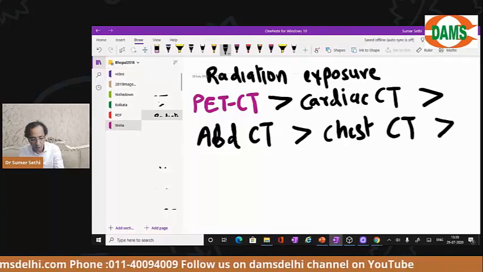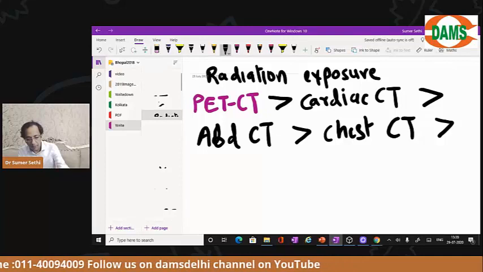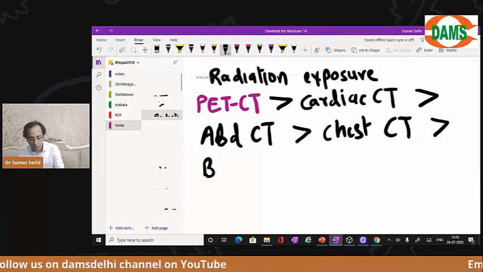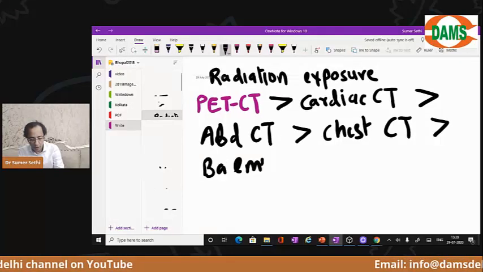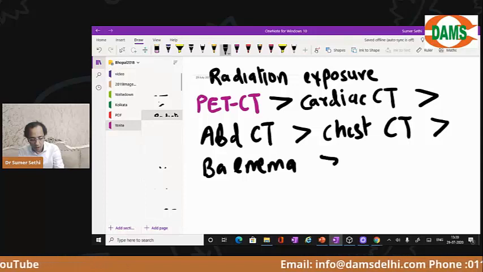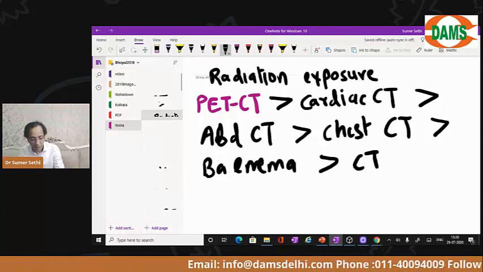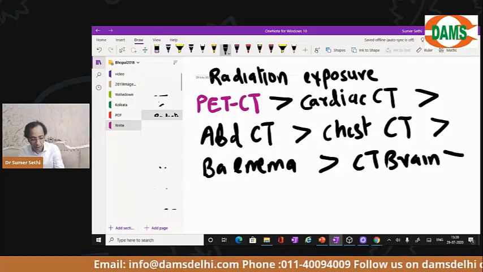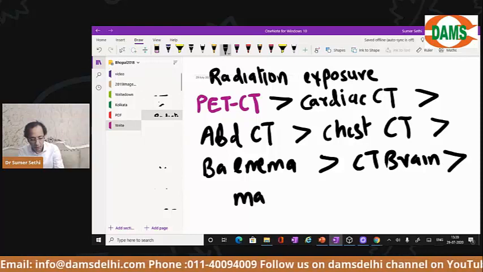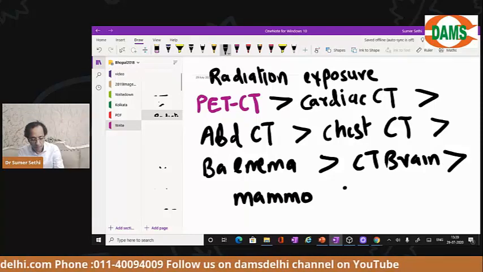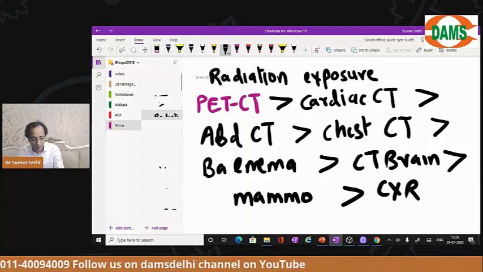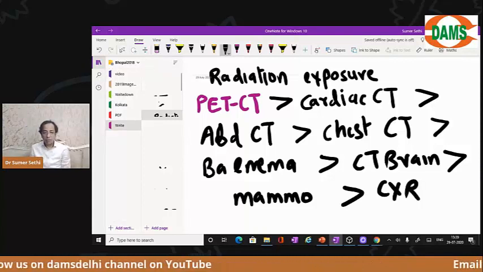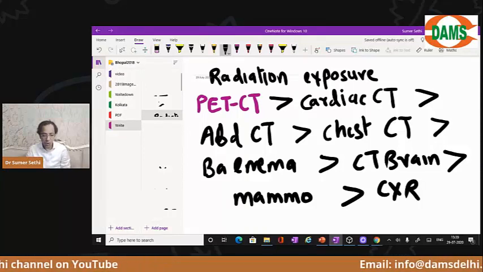Then you have barium enema. Then we have CT brain, then mammography, then chest X-ray.